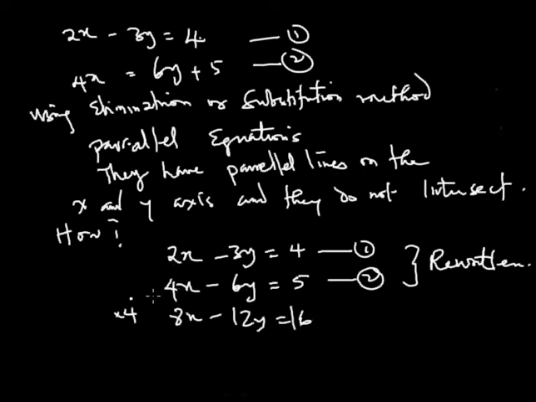And we have multiplied this by 2. We have 8x minus 12y is equals to 2 multiplied by 5, that's 10.